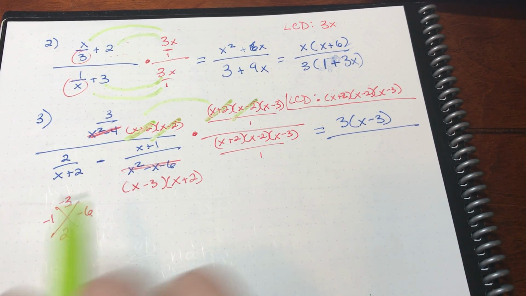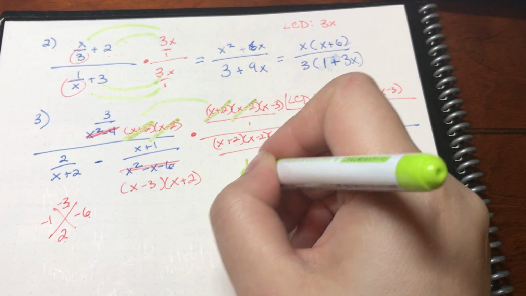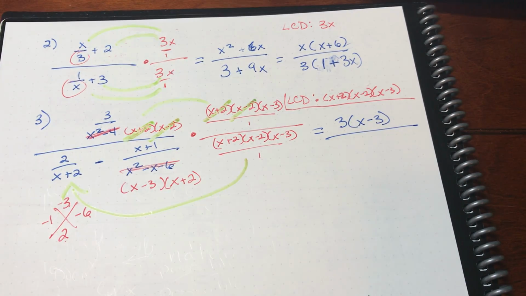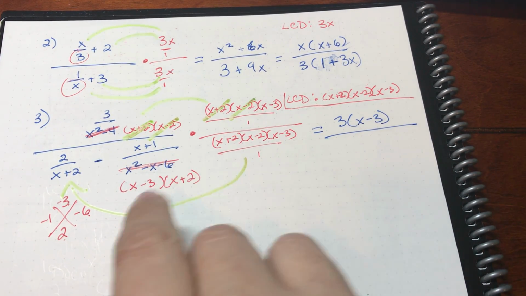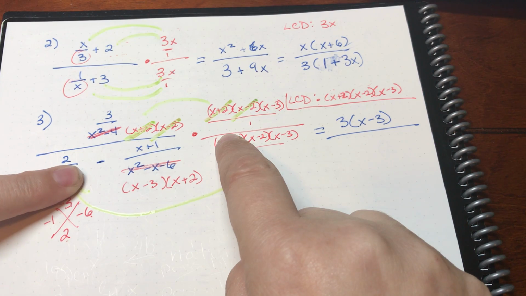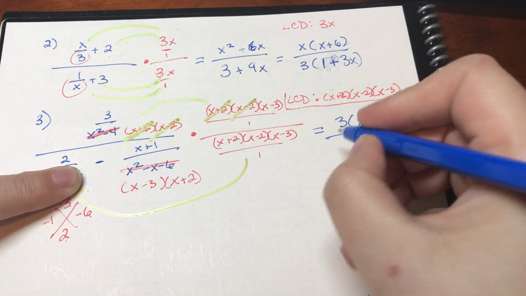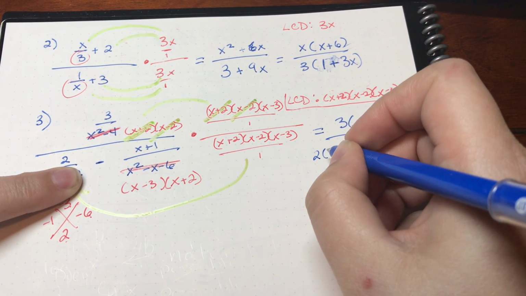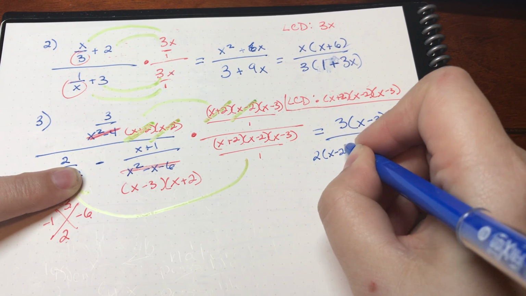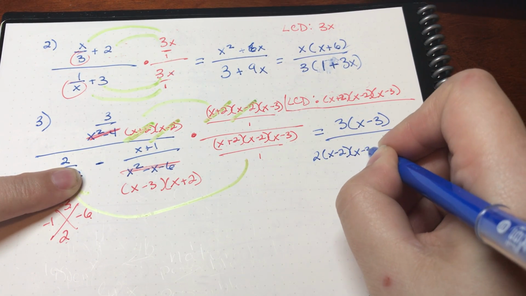And then on the bottom, when I multiply here, x plus 2 and x plus 2 cancel, so I have 2 times x minus 2 times x minus 3.